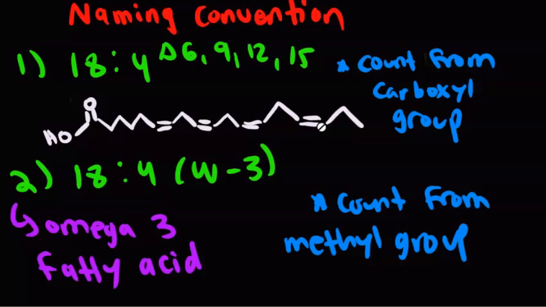If this would have been an omega-6, that would indicate that the double bond is 6 carbons away from the methyl end. So this omega-3 refers to this double bond, which is 3 carbons away, or on carbon 3, right, from the methyl end, if you were to start naming carbon 1 as this methyl carbon, okay?